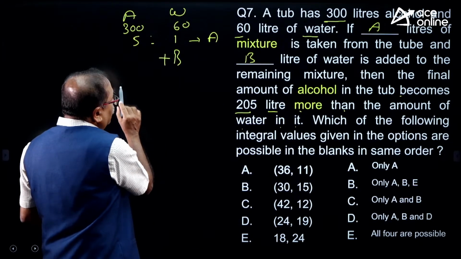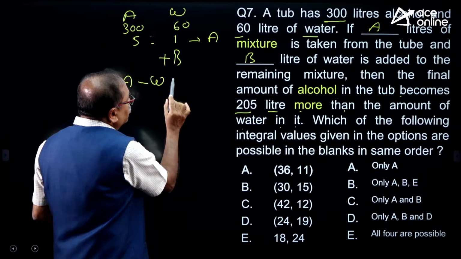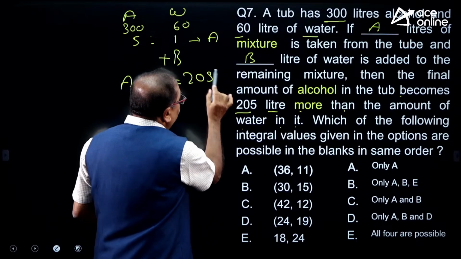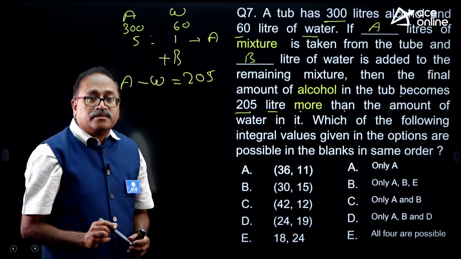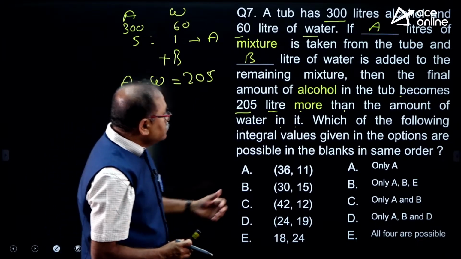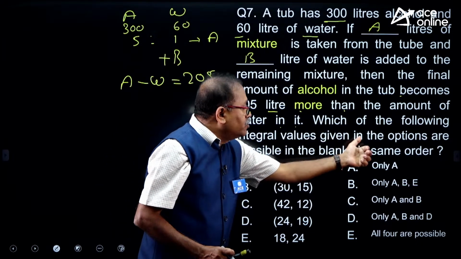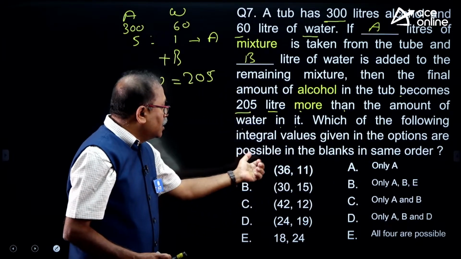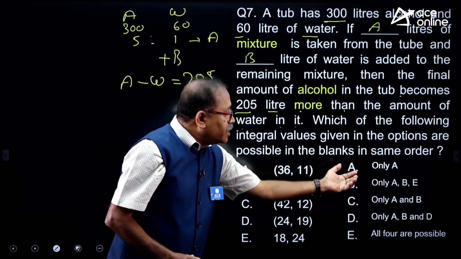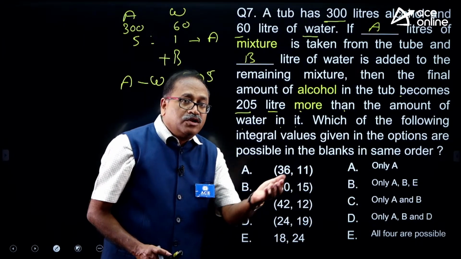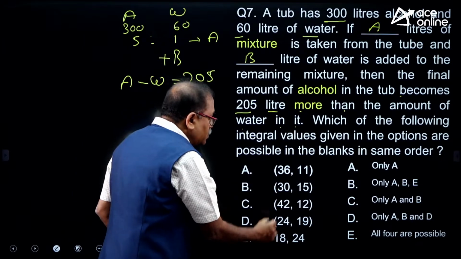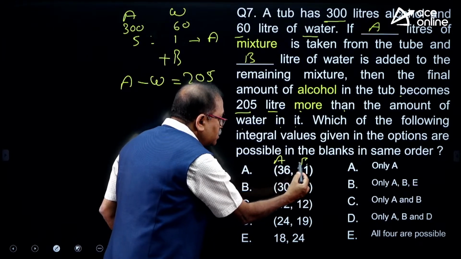So alcohol minus water is given to us as 205. Next: which of the following integral values given in the positions are possible in the blanks in the same order? That means this is the A value and this is the B value.